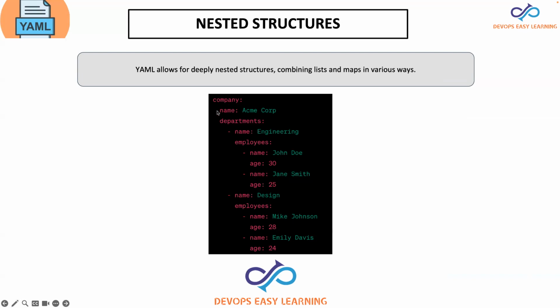This would be a map, like name and department, but department also has two lists: the engineering list and the design list. That's just extended, and under it you have employee, which also makes a list. That's called a nested structure, a combination of lists and maps in various ways.